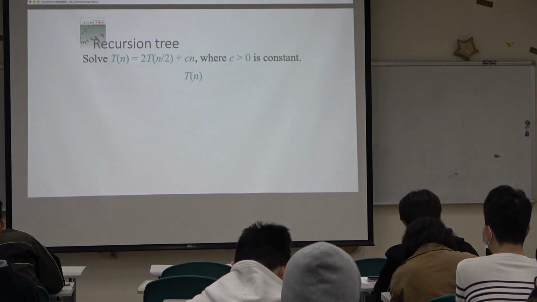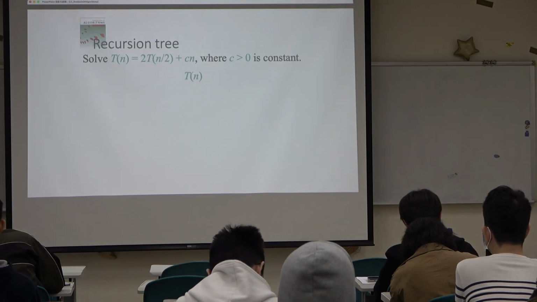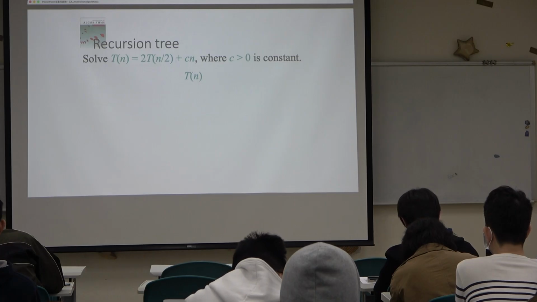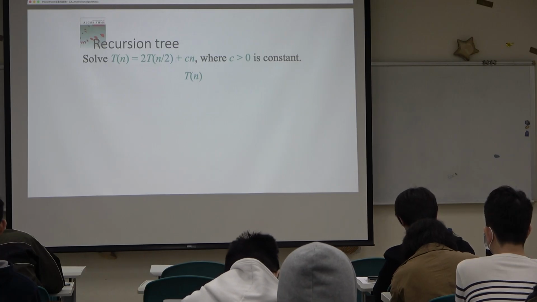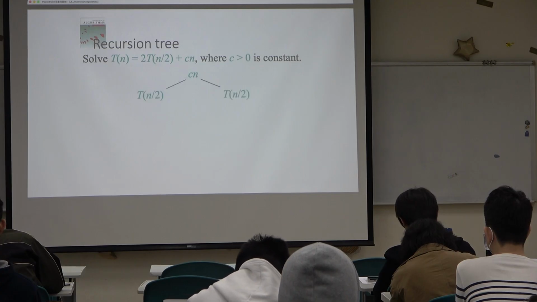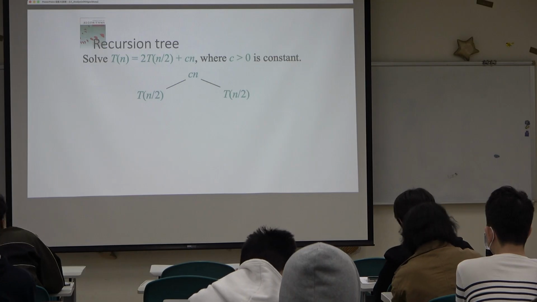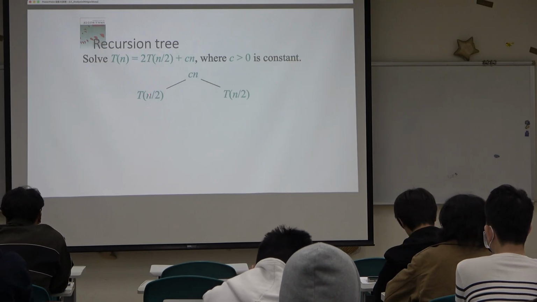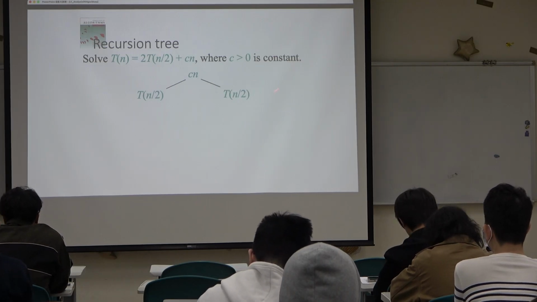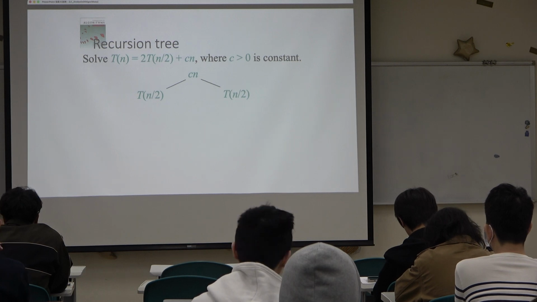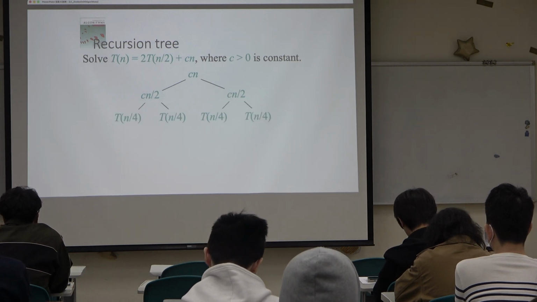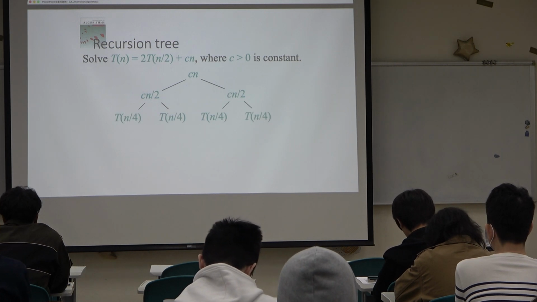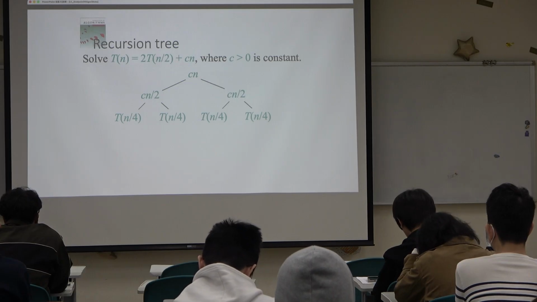We put T(n) here, and then according to the recurrence relation, it will become this one, right? And each of them, according to the recurrence relation, becomes this one, right?